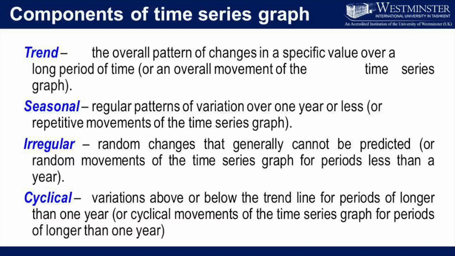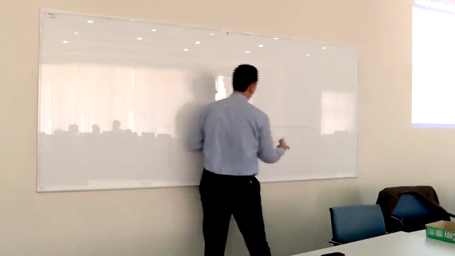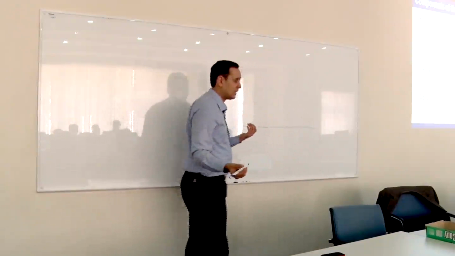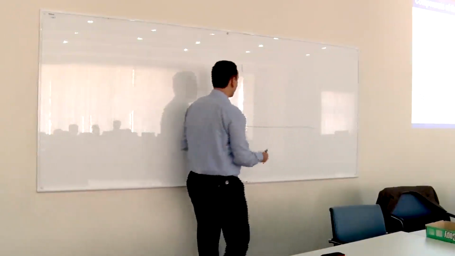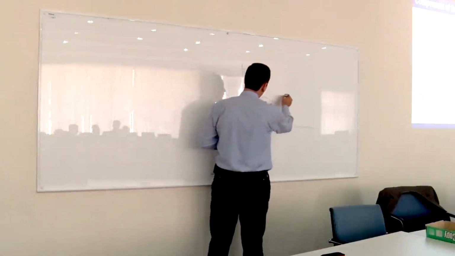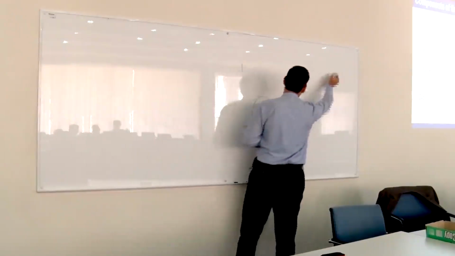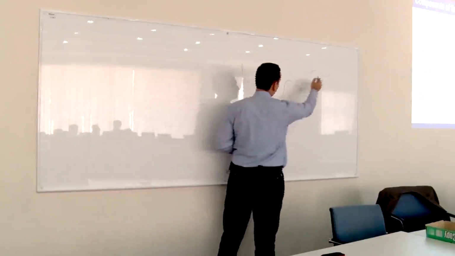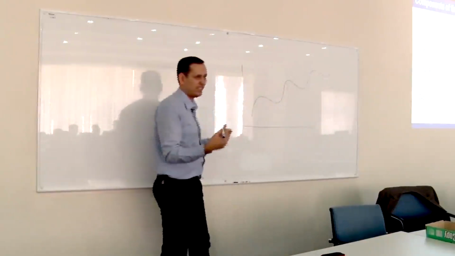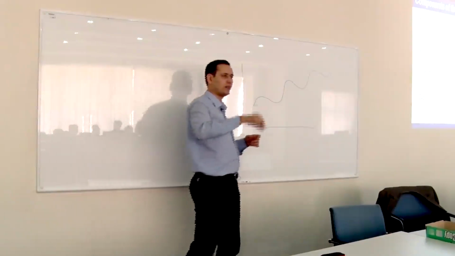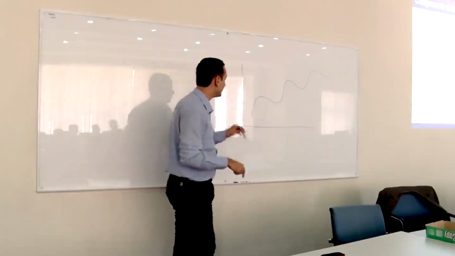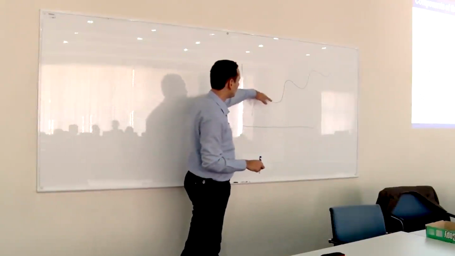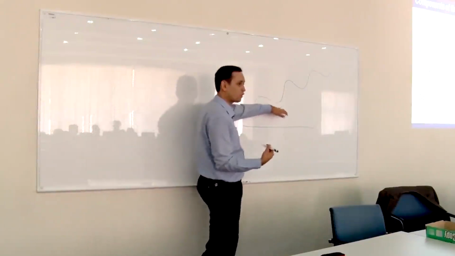Okay, and then you have seasonality or seasonal variation. Let's say this is the sales of something. Let's say sales of ice cream. Okay, sales of ice cream. The sales of ice cream go up, down, right? This fluctuation is called seasonality or seasonal variation. Okay, it varies according to the season. For example, during summer it goes up, during winter it goes down, next summer it goes up again.